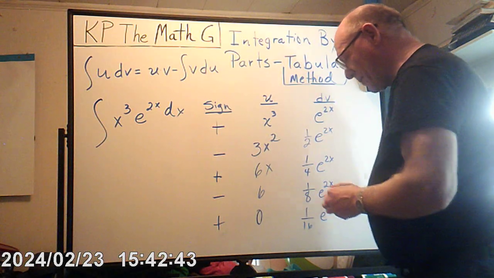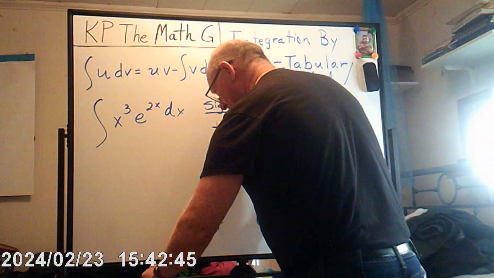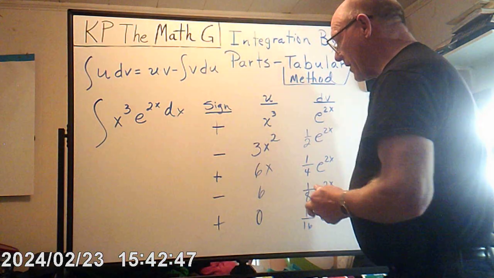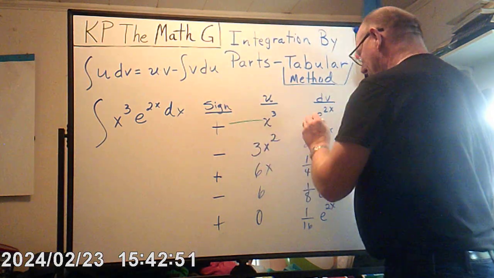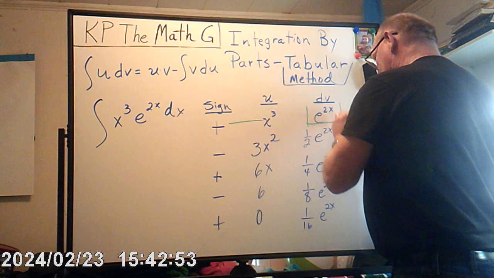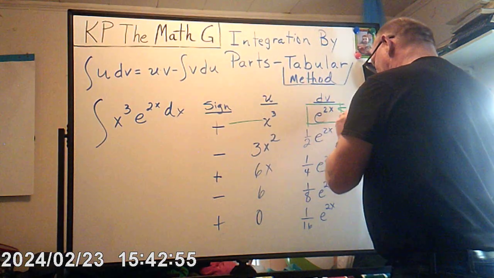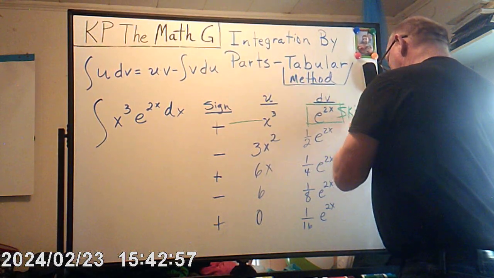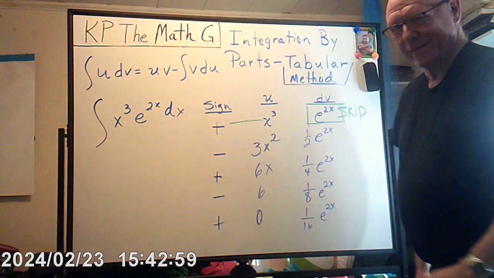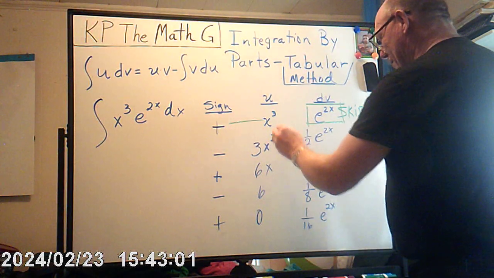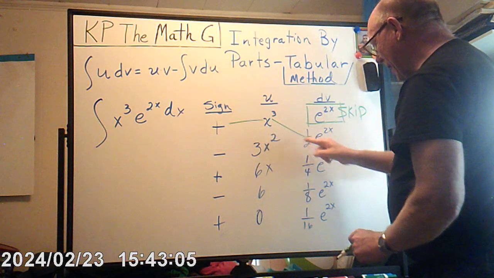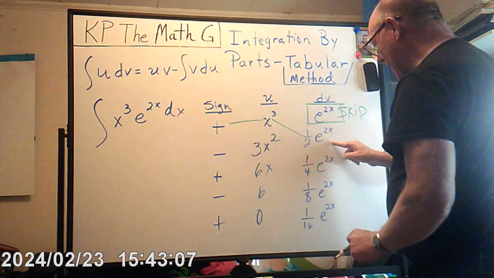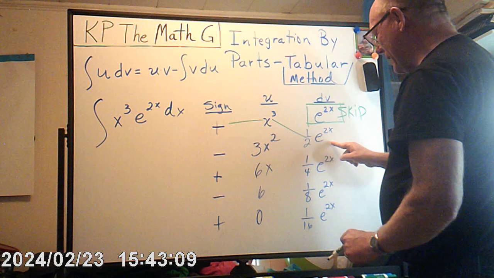Now watch the pattern that I give you. The first term is going to be positive. So x cubed; skip this right here, always skip. Group these two together: x cubed times 1/2 e to the 2x.